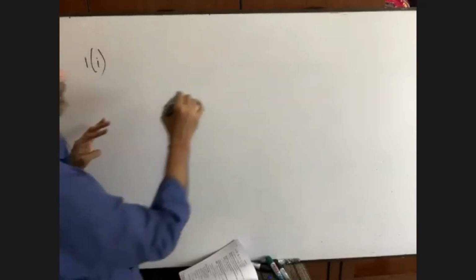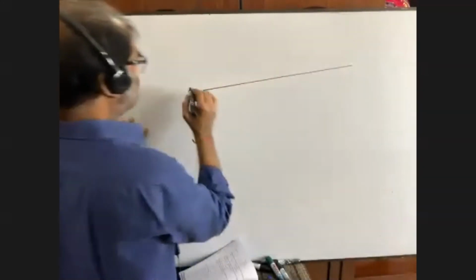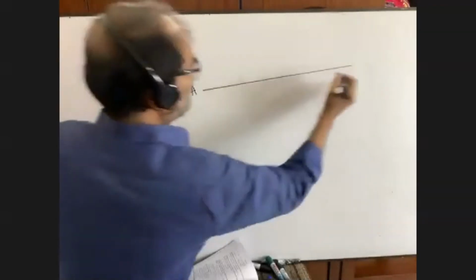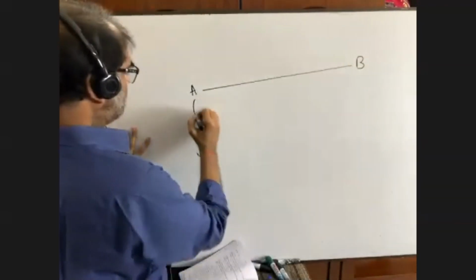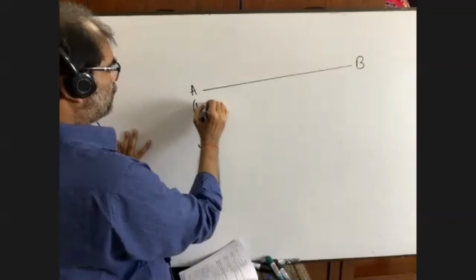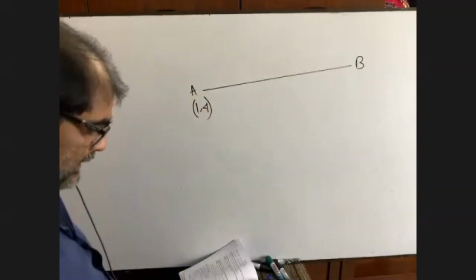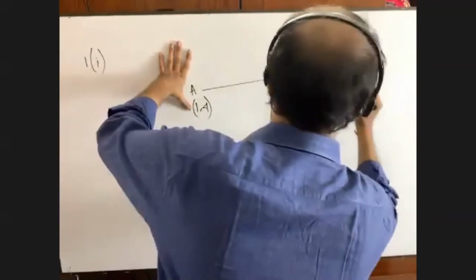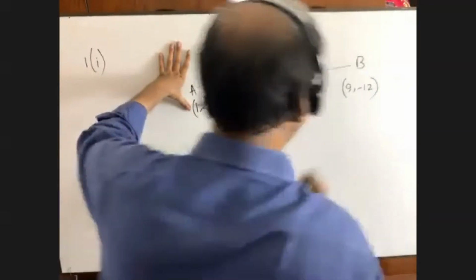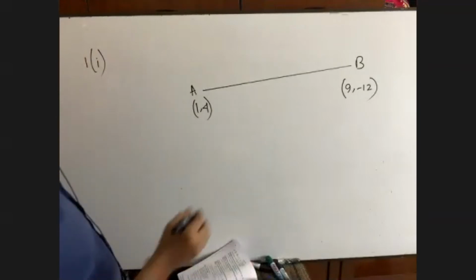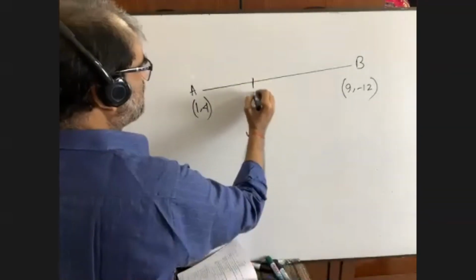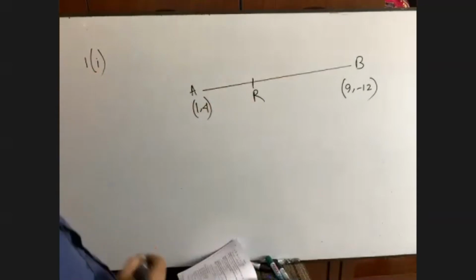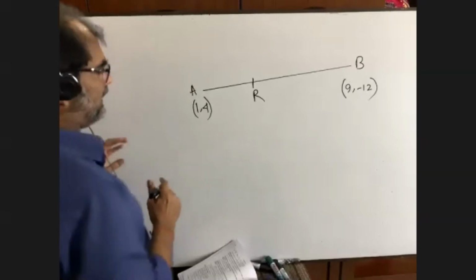You have to find the coordinates of the point which divides the line segment joining (1, 4) and (9, minus 12). This is A and this is B. Suppose we have a point R, where AB is divided at the point R in the ratio 5:3.